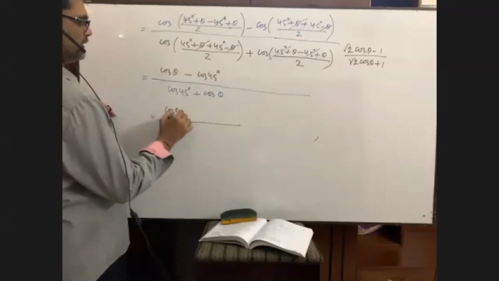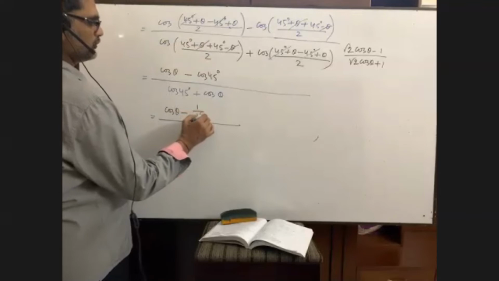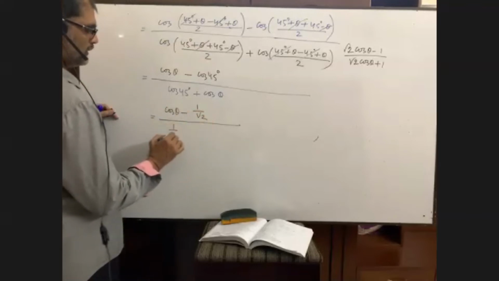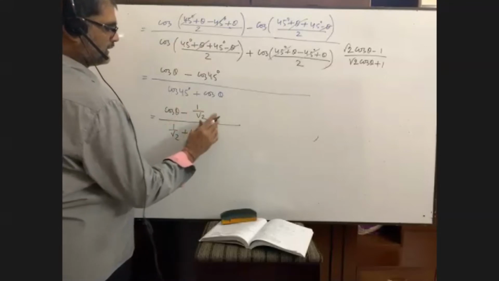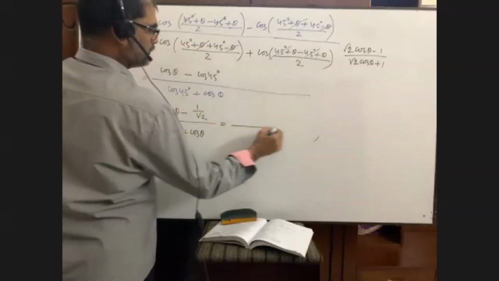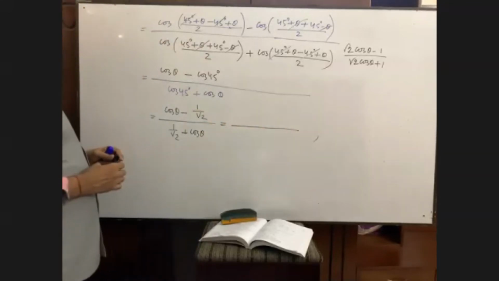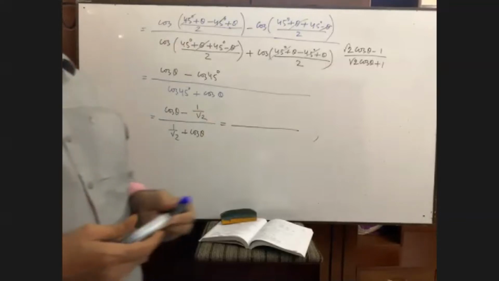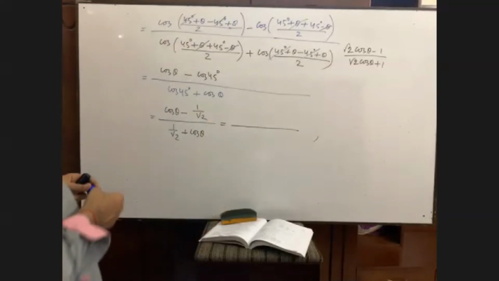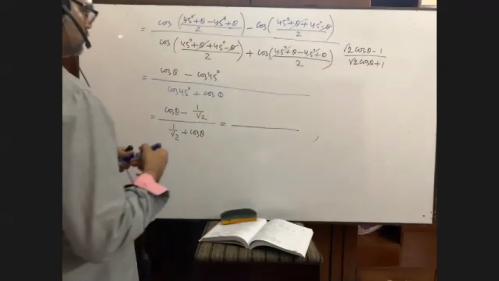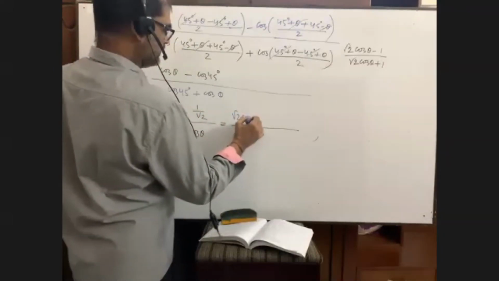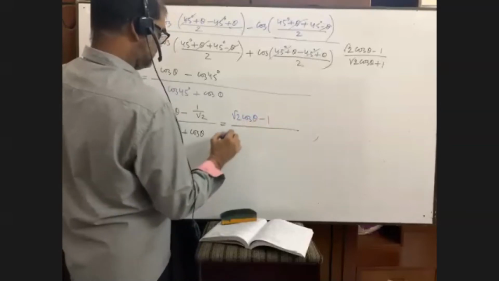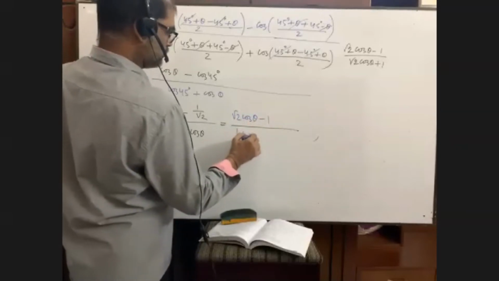The value of cos 45 degree is 1 by root 2. It is 1 by root 2 plus cos theta. Now, dear students, what will you do? You will multiply both the numerator and denominator by root 2. If we multiply both the numerator and denominator by root 2, we will get root 2 cos theta minus 1 by root 2 cos theta plus 1.